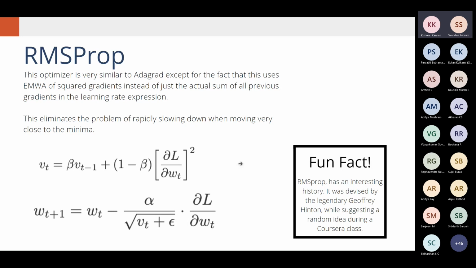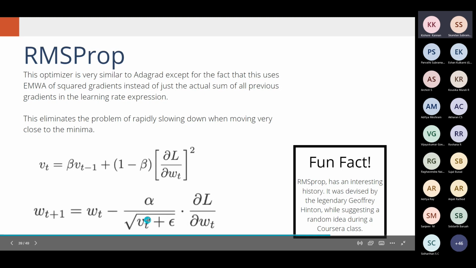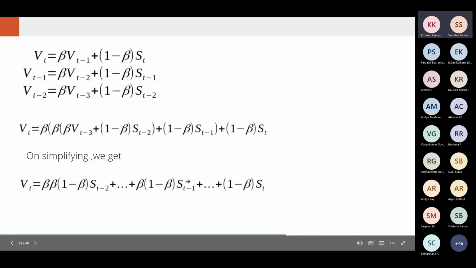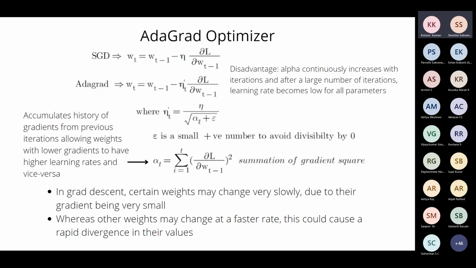In Adagrad, as we move towards the minima, we keep accumulating the sum of the squared gradients in the denominator. You can see this alpha t is nothing but the sum of the squared gradients. So we just keep adding the sum of the squared gradients and put them in the denominator.